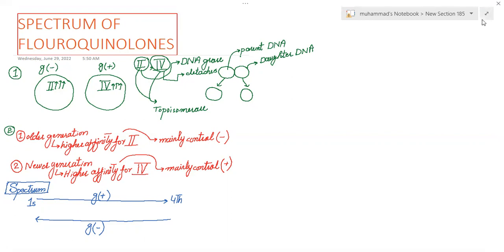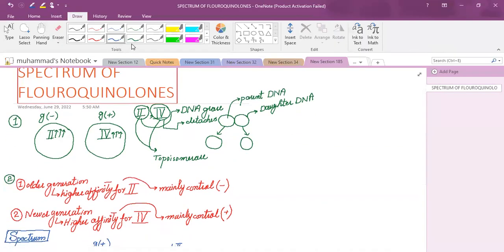Now come towards the bacteria that are controlled by these drugs.